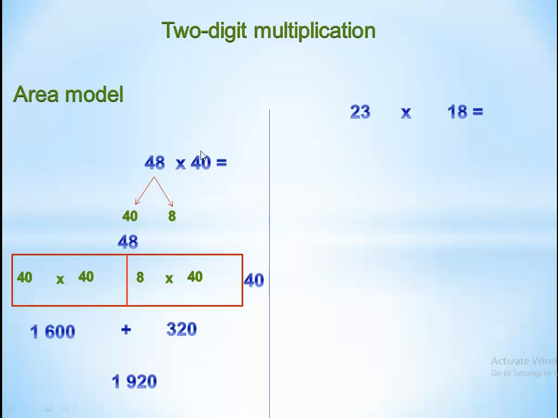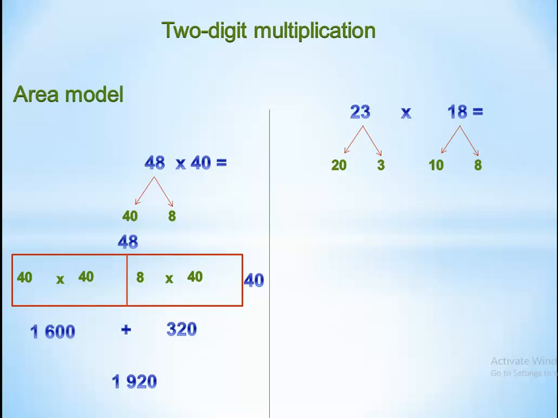So if we have a number with 0 or a number with 10, it means we must decompose the first one or the biggest one only. Okay, here we have normal numbers without zeros, so we are going to decompose both of them. Let's decompose. It will be 20 and 3, and here it will be 10 and 8.